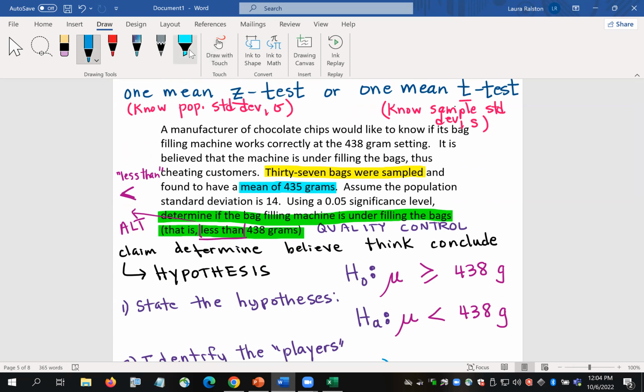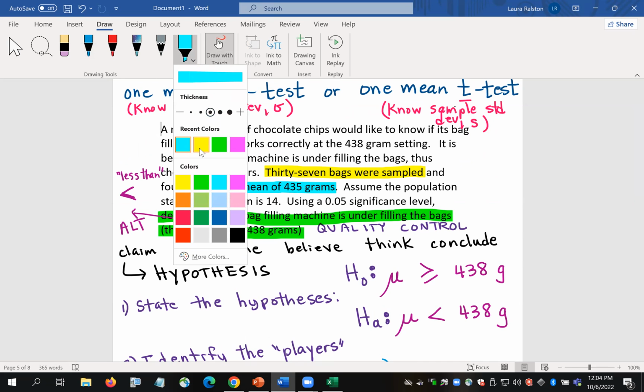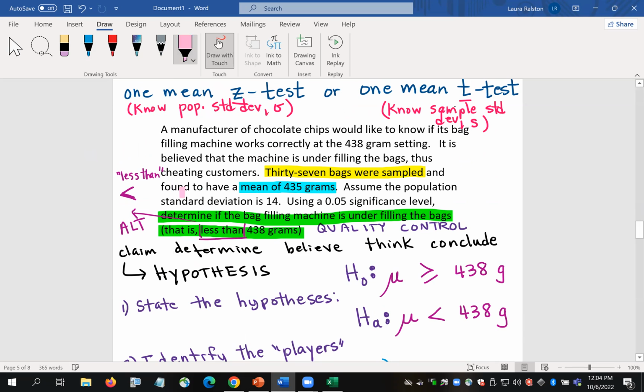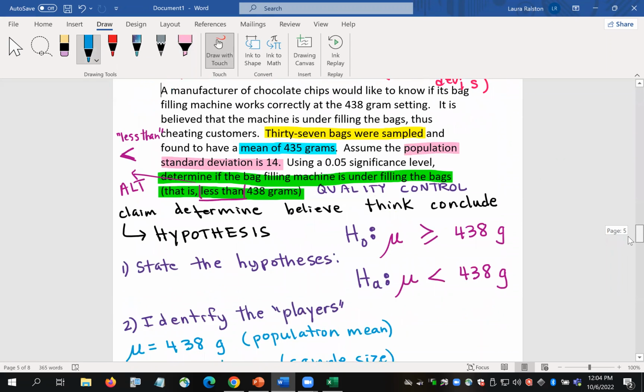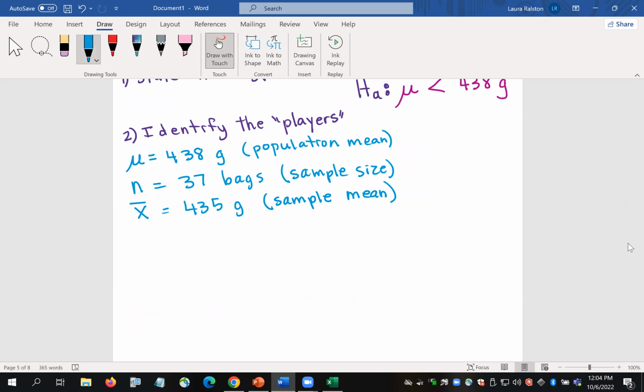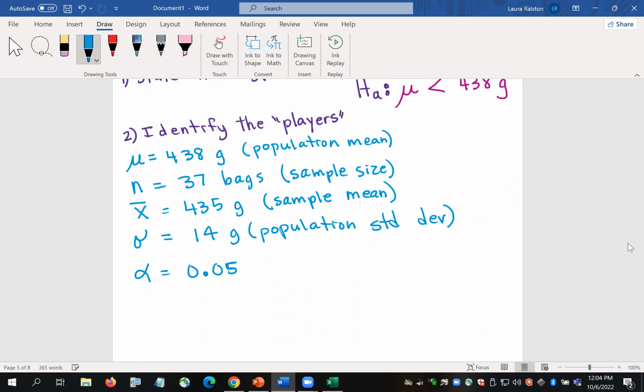And lastly, it says, assume the population standard deviation is 14. And it does say population standard deviation, which is sigma. That's my population standard deviation. Now, it doesn't matter the order in which I list these. It also then says using a level of significance of 0.05.